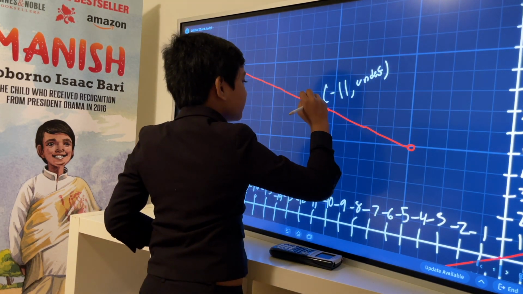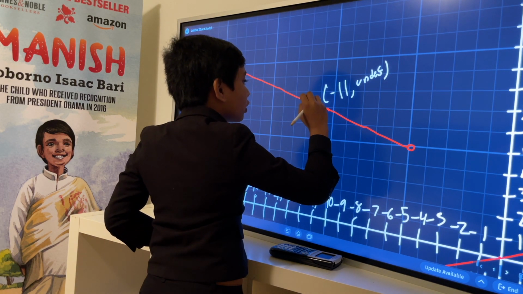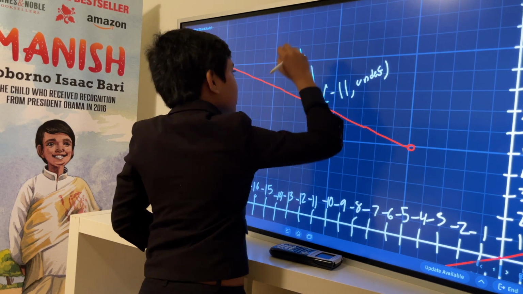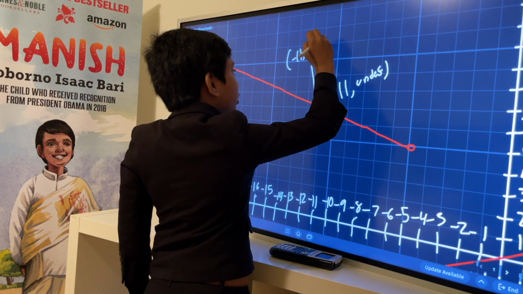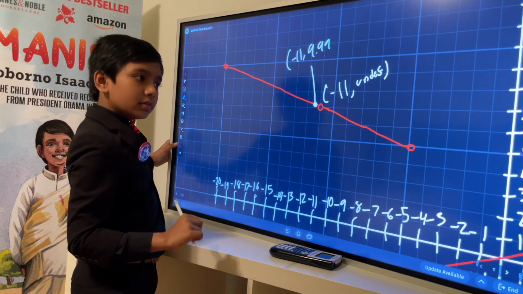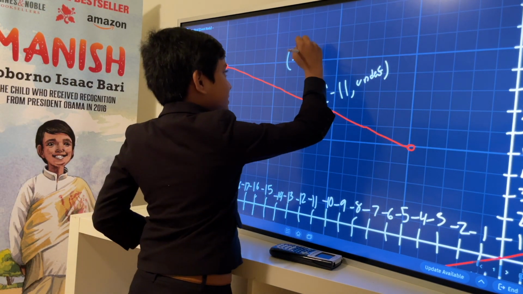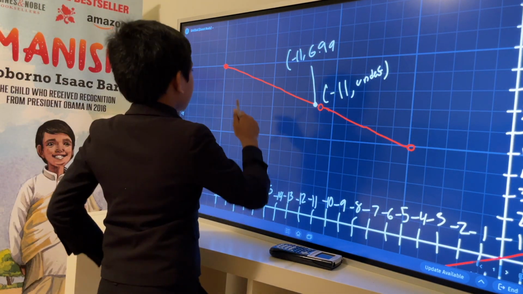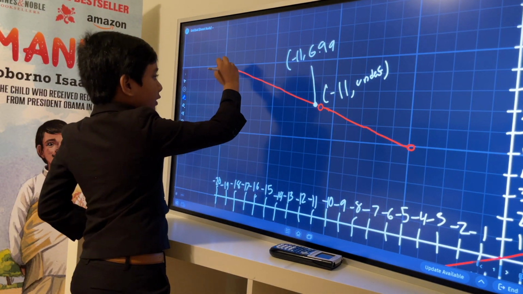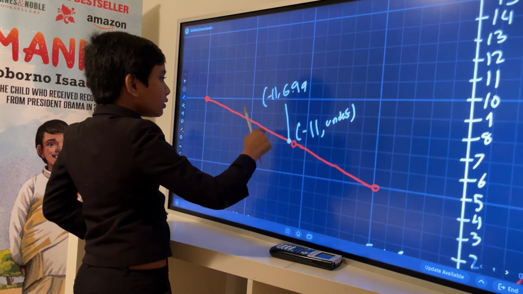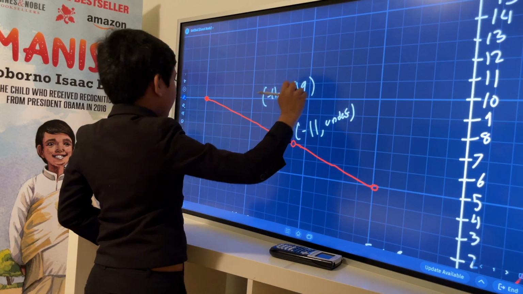But if we take something really close, like over here, we'll find it to be minus 11, comma 6.99. So you get farther and farther, but as the y value gets closer, you start to get this estimate of what it could be.